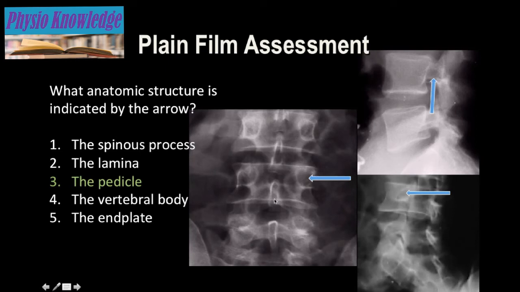The whole idea for looking for the symmetry is that your eye would notice if there's a case in which you have an asymmetry, and then further inspect that level to assess if you have a fracture or a malignancy that can sometimes distort that anatomy. So in all these images, what we're looking at is the pedicle. As you can see, it represents the head of the Scotty dog. In this case, this is the lateral projection and the frontal projection.